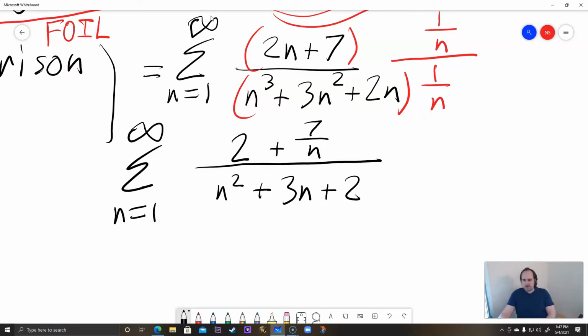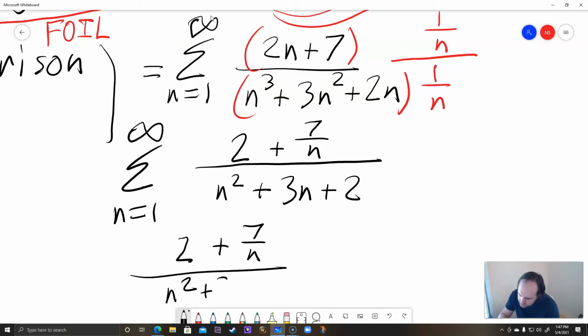So I want to say that 2 plus 7 over n, all over n squared plus 3n plus 2, is less than or equal to 2 over n squared.